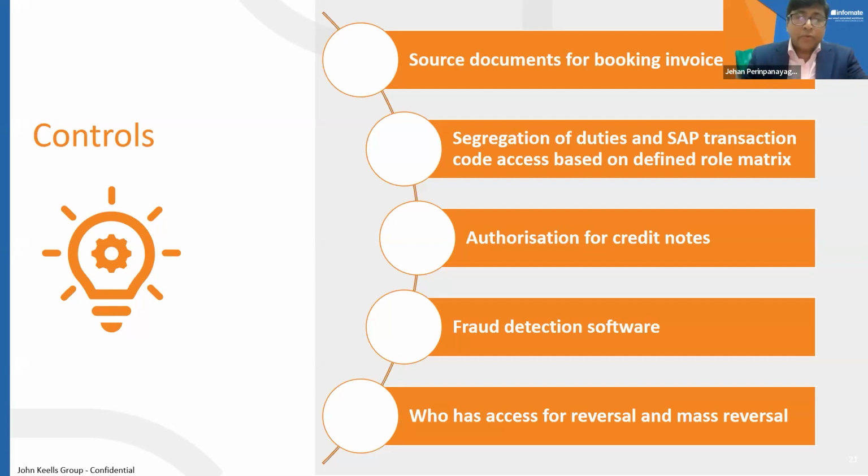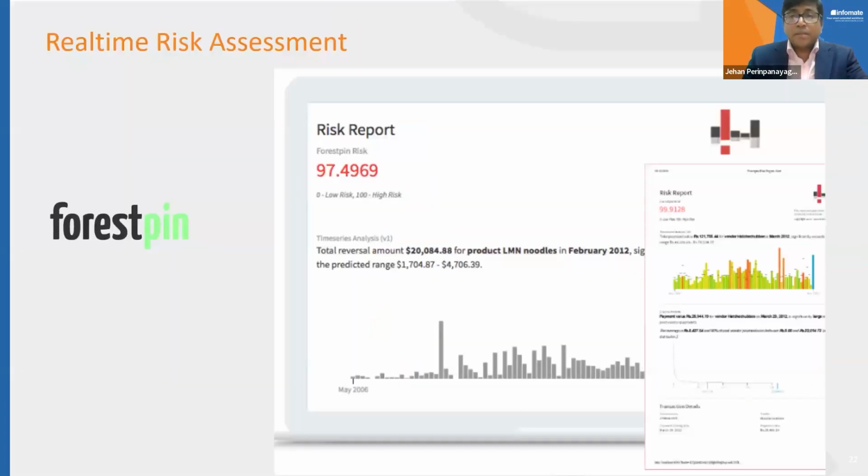Fraud detection software. Do you have fraud detection software working on top of SAP? We do. It's called ForestSpin, screenshot of ForestSpin, and this sits on top of SAP, and any anomaly, duplications, unusual transactions, it'll look at the last 3 years of transactions, and if there are outliers, it will immediately flag it to the CFO and the CEO with an email.